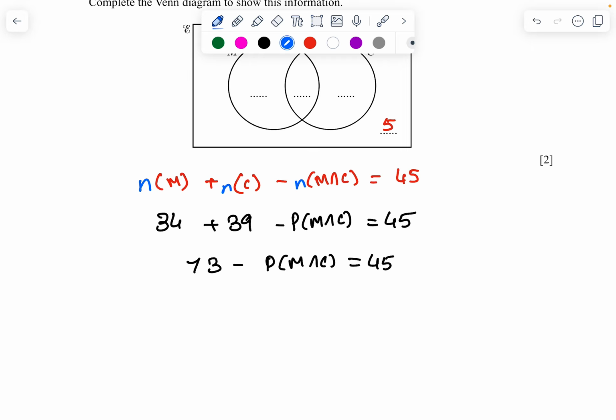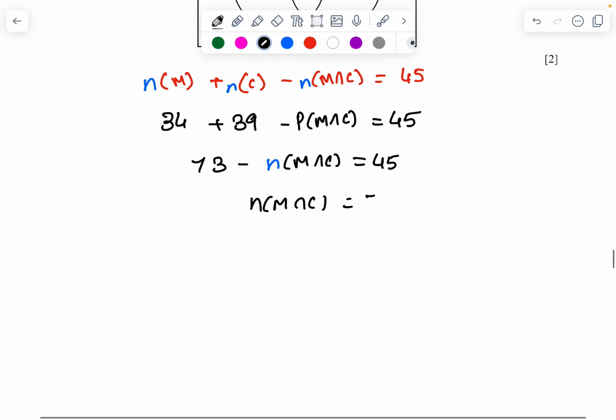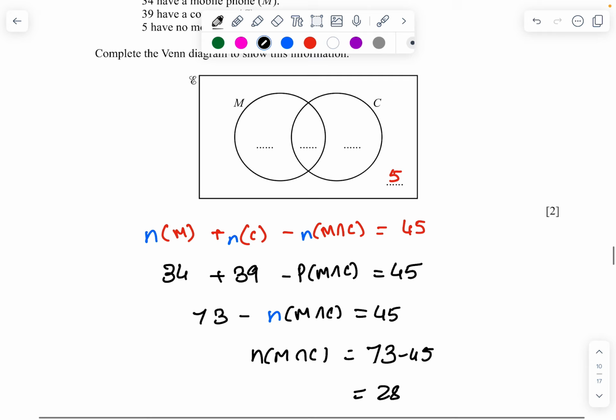Now, this is also again N. So let me make a correction over there. So N of M intersection C should be equal to 73 minus 45, which is 28. So write it over here 28.